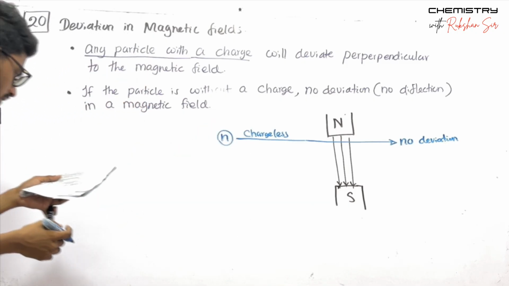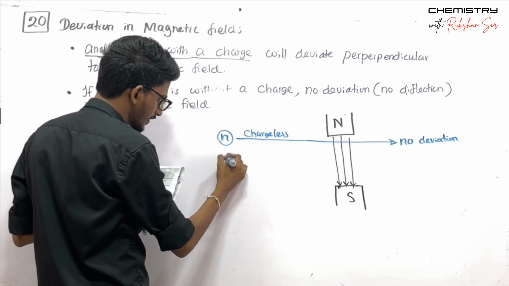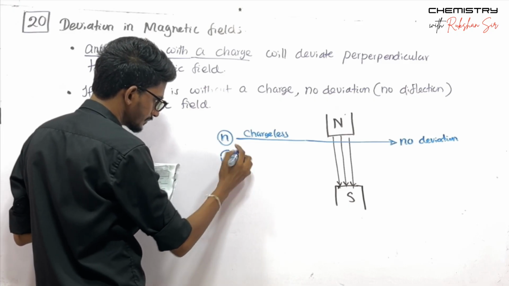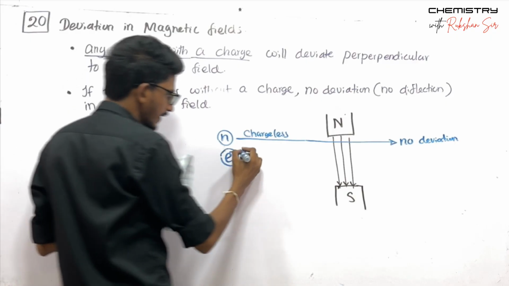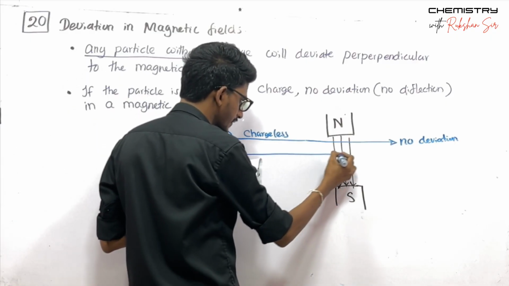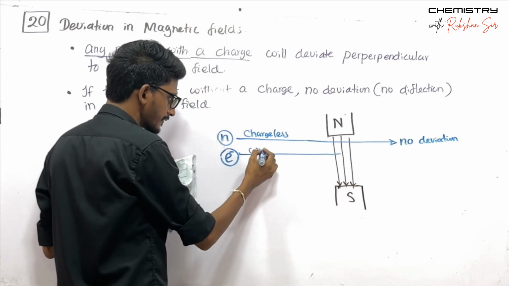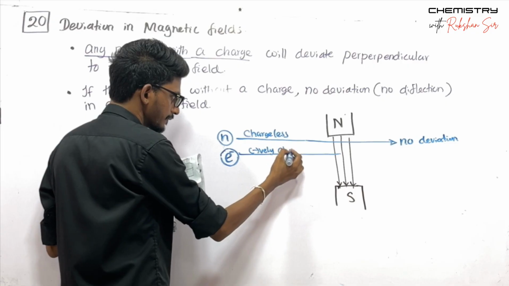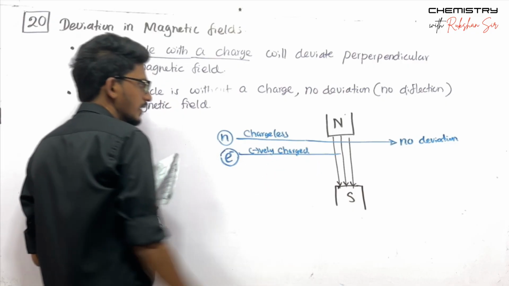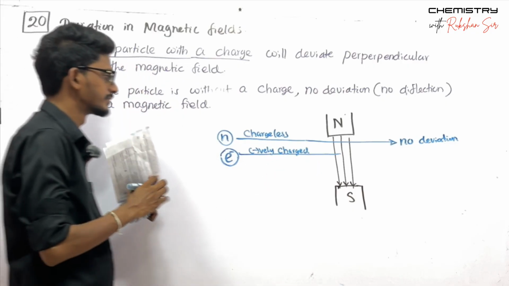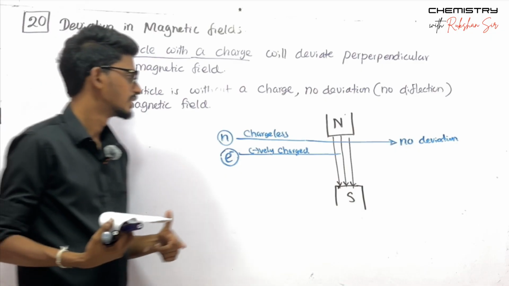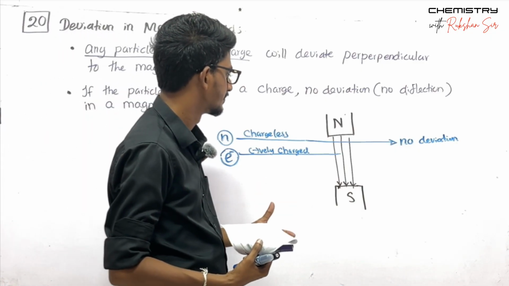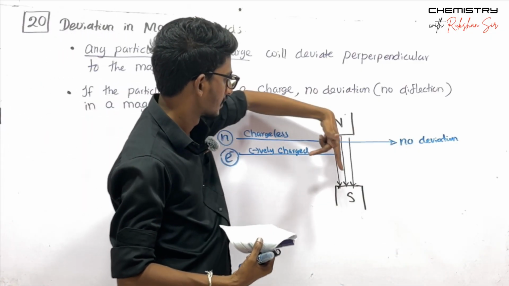Then cathode rays. Cathode rays are electrons. Negatively charged. So what will happen? In a magnetic field, it will deviate perpendicular to the field. So it's like this, no? Right?